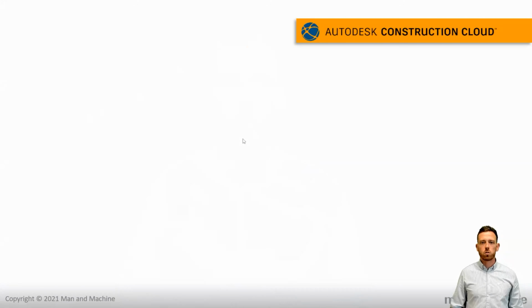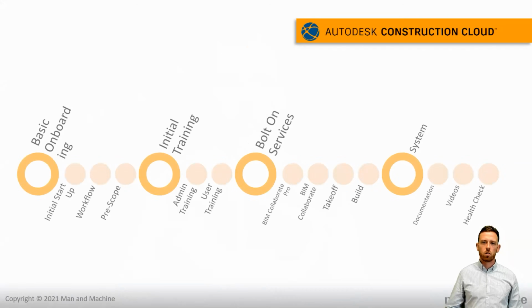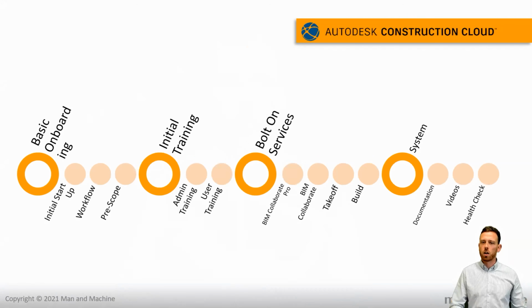And I think it's important to show you, and for many people that have come on our Future of Design and Build events, the roadmap that we put in place for people is all too familiar. If I was to show you the graphic now, the steps that we take are very similar to what you've probably seen earlier with Docs and also BIM Collaborate Pro when we showed those a few weeks back.